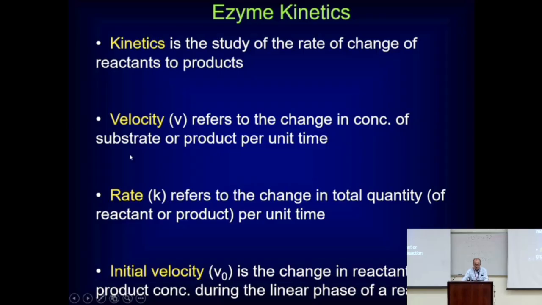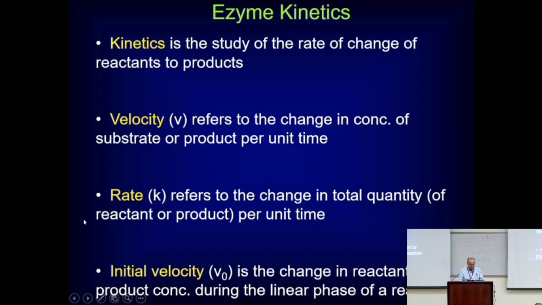The first one is called velocity. Essentially, velocity means the change of substrate concentration per unit time. How much substrate is consumed or how much product is produced per unit time. That's how velocity is expressed.